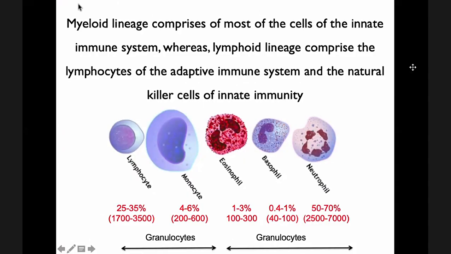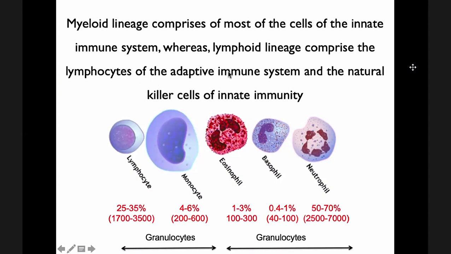Now, I think this slide is also a little important because it will give you some idea of how things happen. Myeloid lineage comprises most of the cells of your innate immune system, right? And your lymphoid lineage will give rise to your lymphocytes and NK cells.